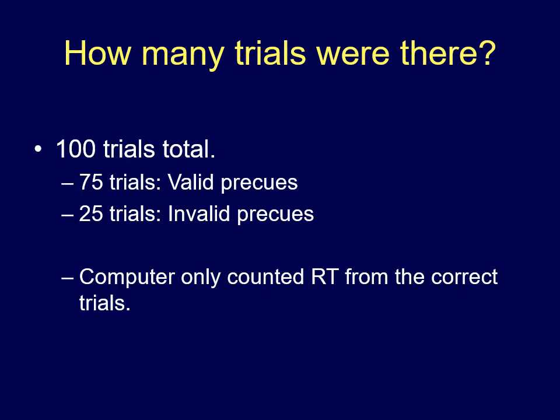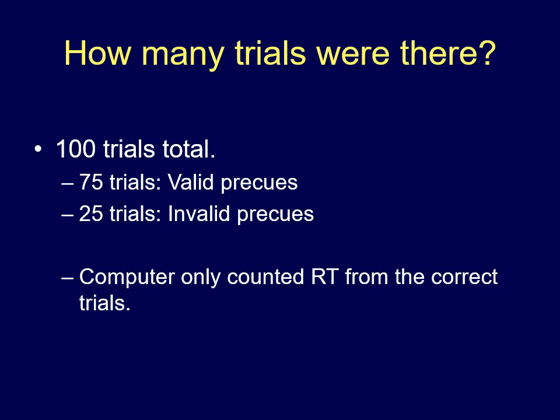Now, there were 100 trials there, and 75 trials were valid pre-queues, and 25 trials were invalid pre-queues. The computer will only count the reaction time from the correct trials.